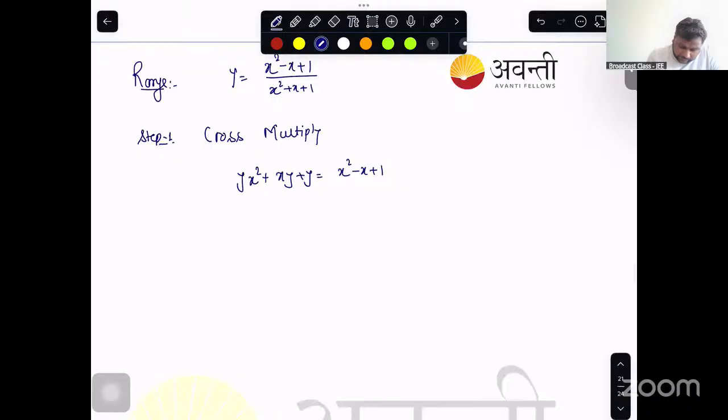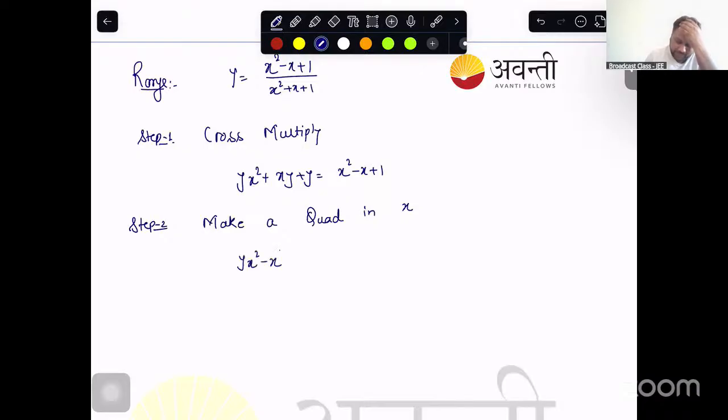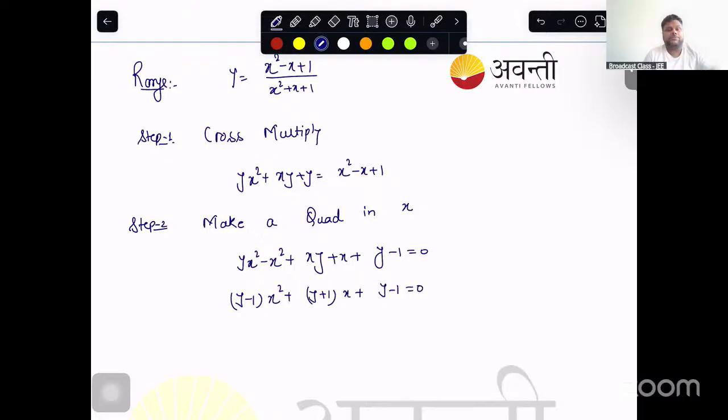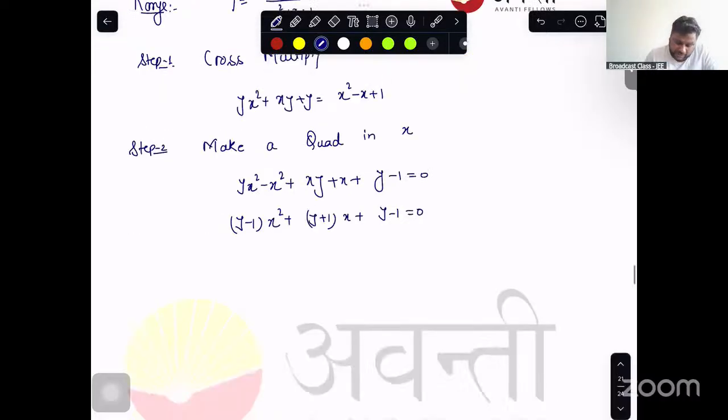Then step 2, make a quadratic in x. So it is (y minus 1)x square plus (y plus 1)x plus (y minus 1) equals 0. So this is a quadratic in x.